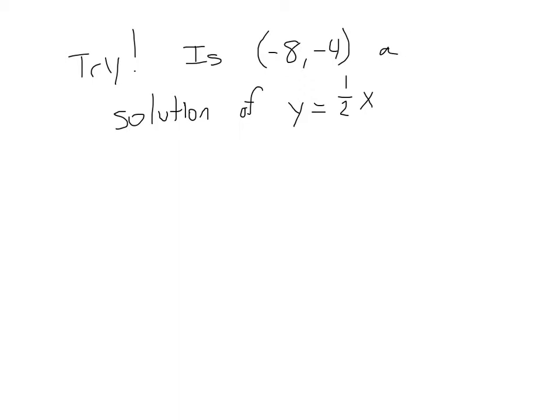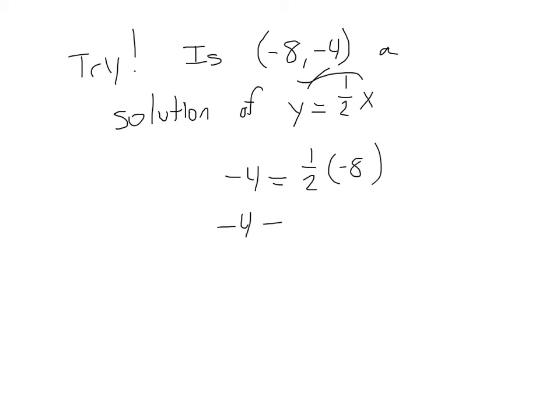All right, so is (-8, -4) a solution of that equation, which is y equals 1/2 x? Again, two different variables in here, x and y, linear equation, right? So let's plug in. -8 is going to go in for x, and then the -4 is going to go in for y. So if I rewrite, I'm looking at -4 equals 1/2 times no longer x, but now times -8.